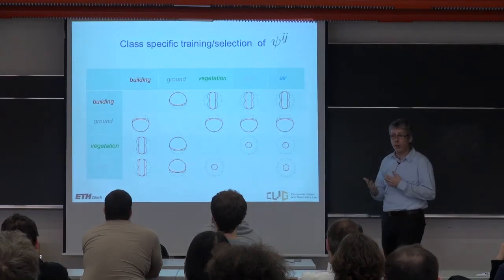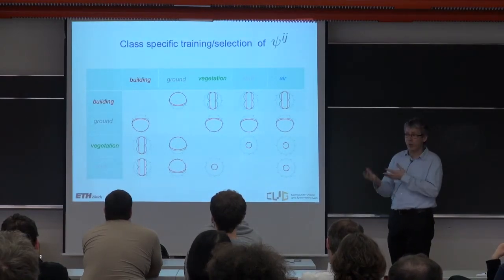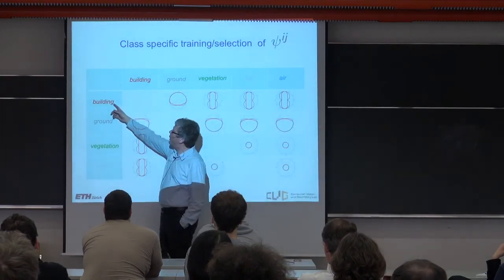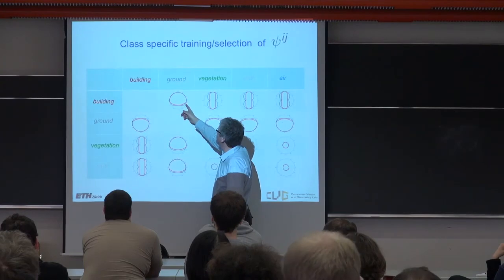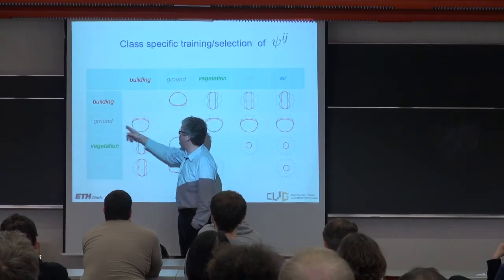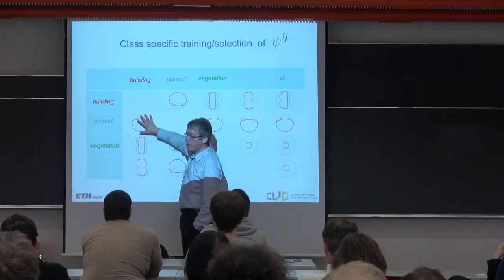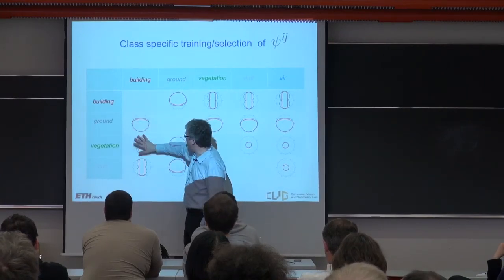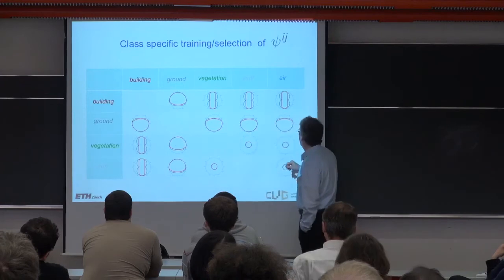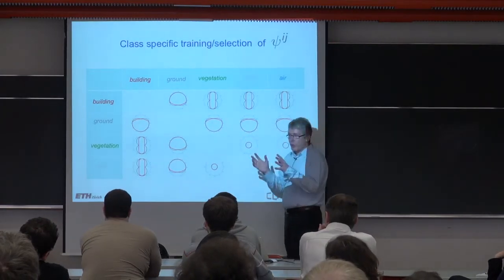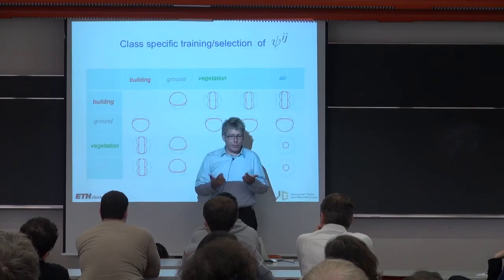Surfaces in our model are transitions from one class to another. So essentially, if we look here, we have building transitioning to ground, or actually we may do building to ground this way. Here, of the different possibilities, we'll end up selecting this one. So we have this shape, and the isotropic shapes, right? Those are our three choices, and we let the algorithm figure out what makes most sense.